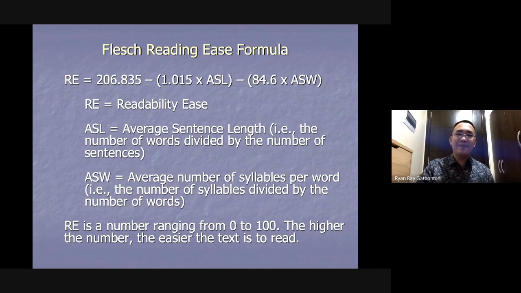But for the Flesch reading ease formula, I want to point out that the value falls between 0 to 100. The higher the score, the easier the text is to read.